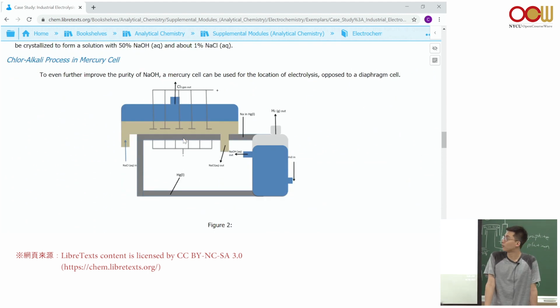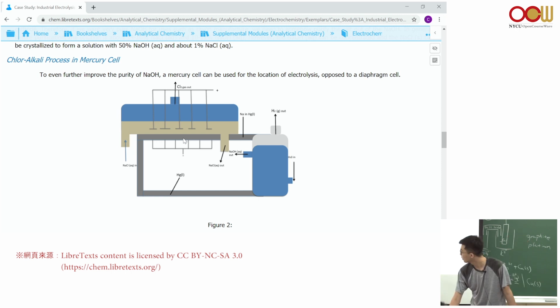Like I said, besides molten sodium chloride, you can also do what's called the mercury cell. Mercury, we know, is a liquid, right? It's conductive, it's a metal. So it can actually be used as an electrode for electrochemistry. Here you put the water in, right?